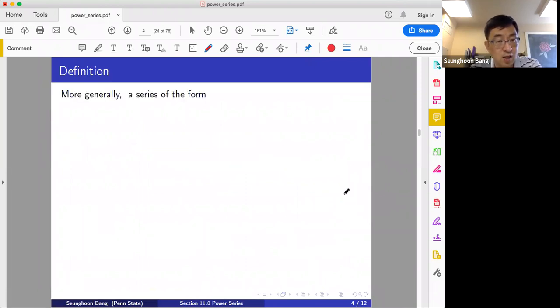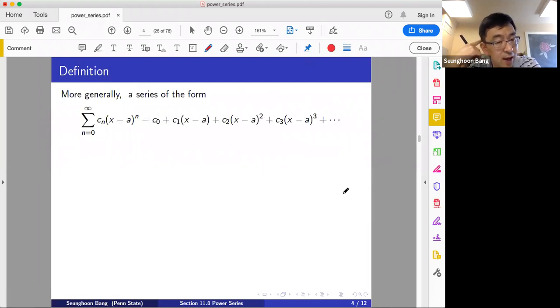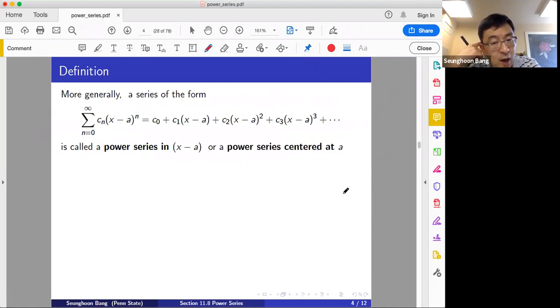What is the definition of the general one? More generally, a series of the form summation from n equals 0 to infinity of cn times (x minus a) to the power n, c0 plus c1 times (x minus a) plus c2 (x minus a) squared plus c3 (x minus a) cubed, and so on, is called a power series in x minus a, or a power series centered at a, or a power series about a.